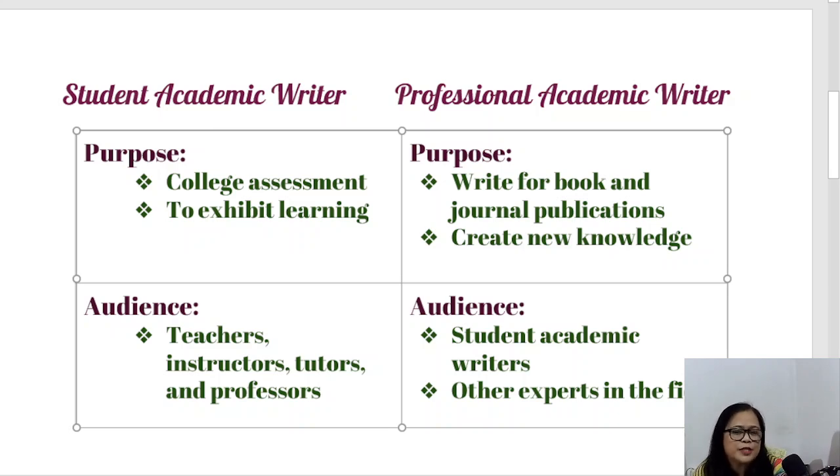And who are their audience? Their audience are the student academic writers and the fellow experts in their field. For example, a psychologist has conducted a psychological research, and after that they have published a journal. So fellow psychologists can refer to their publication if it is related to their ongoing research or study.